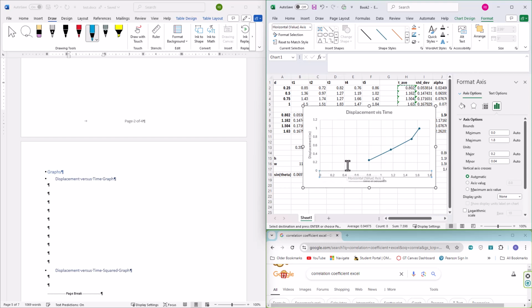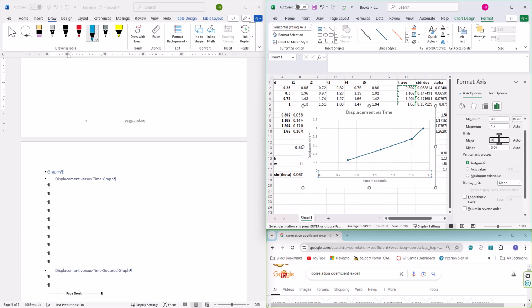I want to get rid of all this stuff. So I'm going to bring this up to about 0.5. And then the max, I'll leave at 1.8. My major units, I might want to bring to 0.1 to make it look better. And that's probably all I want to do. So that, in my opinion, is a good graph.